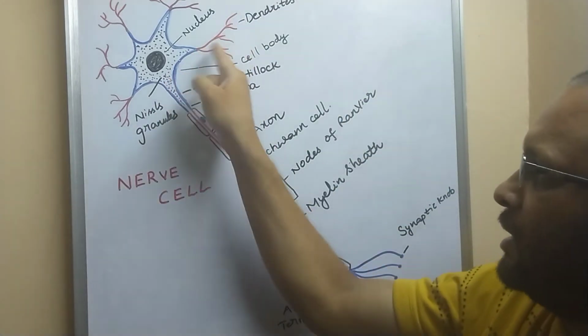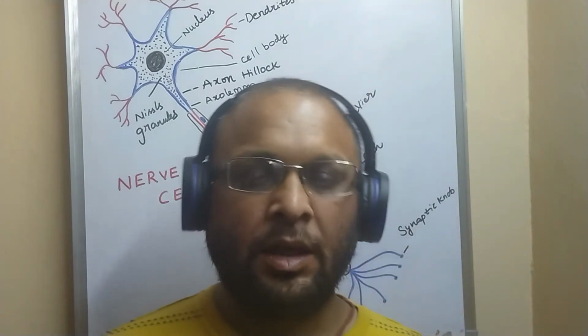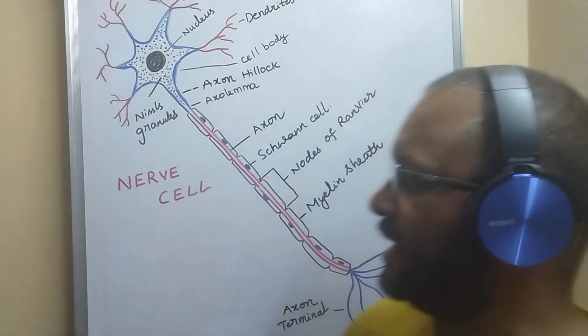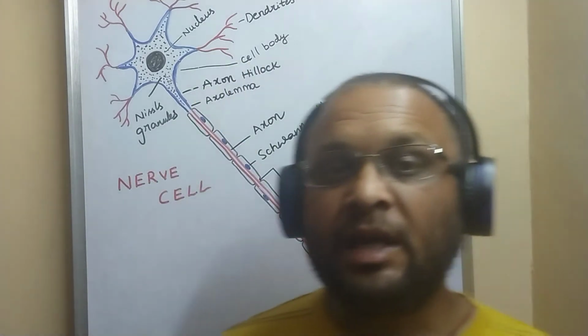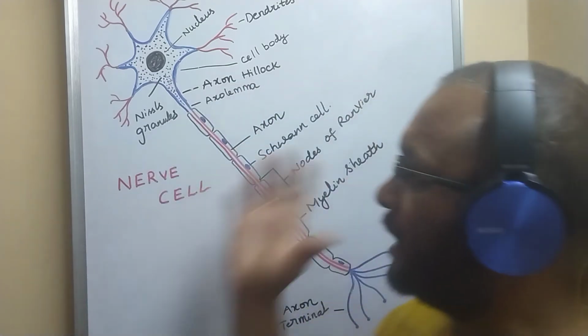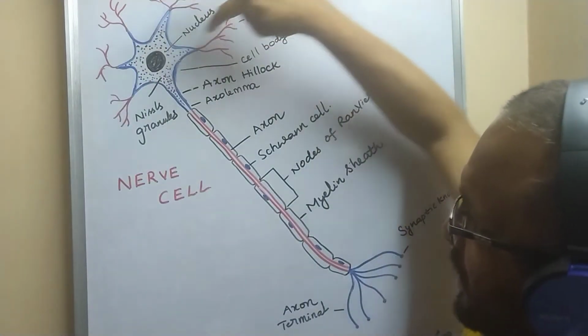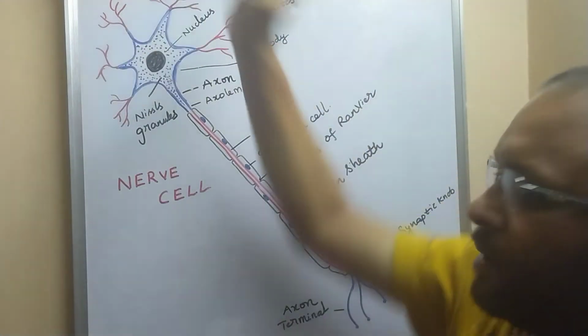These red colored projections are called dendrites. They bring the electrical impulses or signals from other neurons towards the cell body.